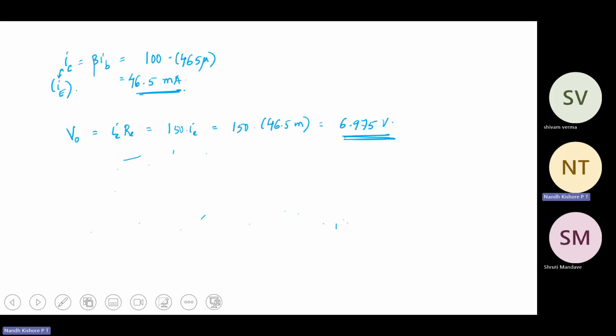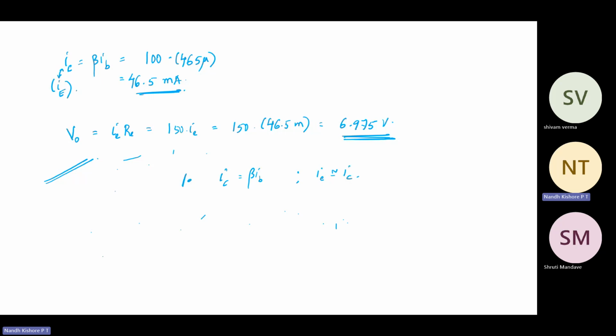So what did we do to solve the problem? It's very simple. Only three steps that we followed. One is IC is equal to beta IB. They have given that IE is almost equal to IC in the question.